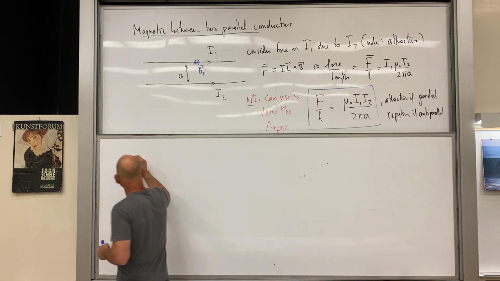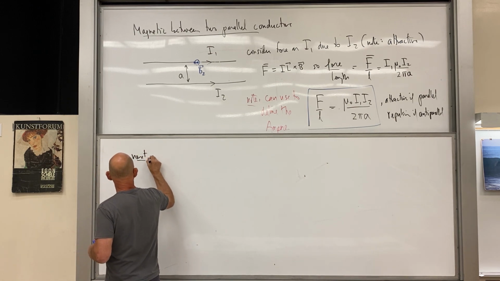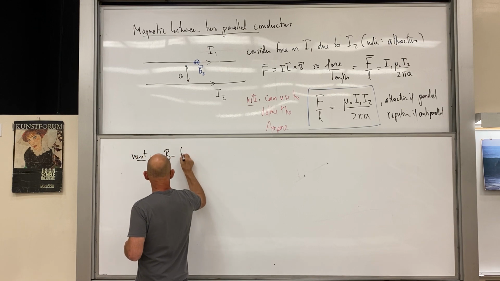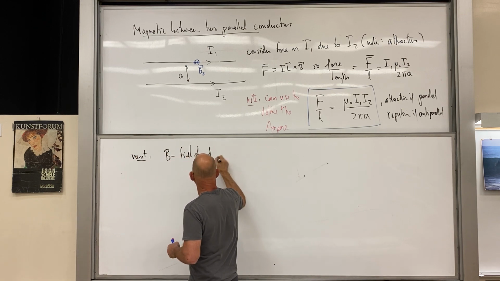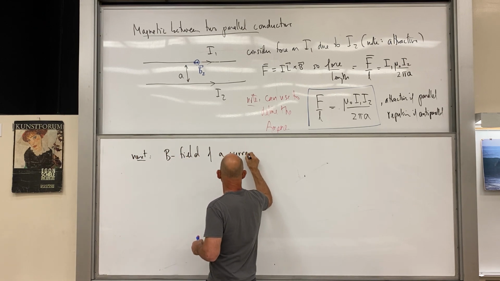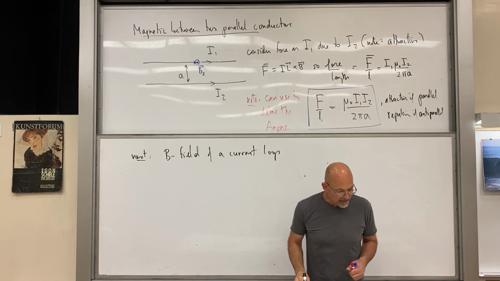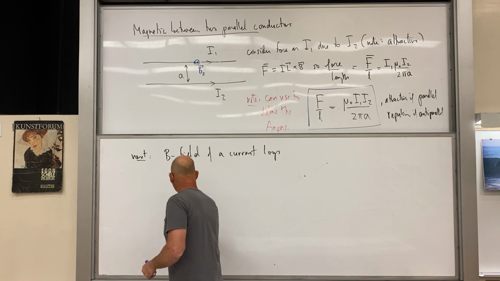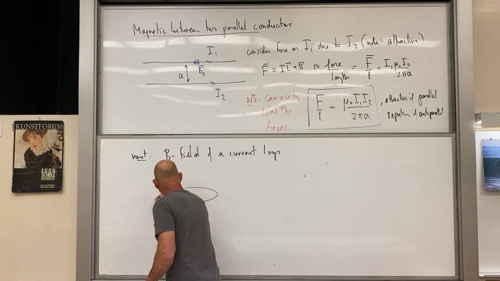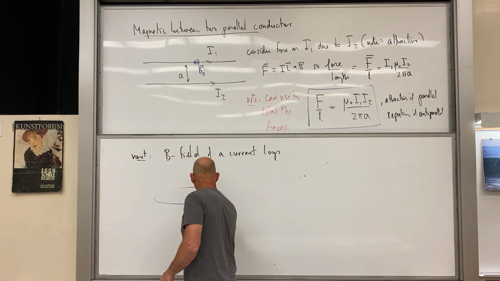So next, let's look at the field of a current loop. B field of a current loop. How am I going to draw this best? Yeah, imagine it's in profile here, so it's in and out of the board. There's the direction.